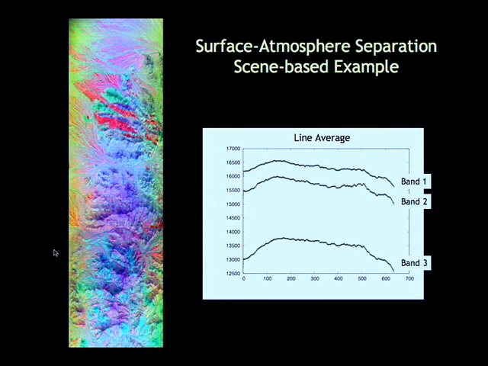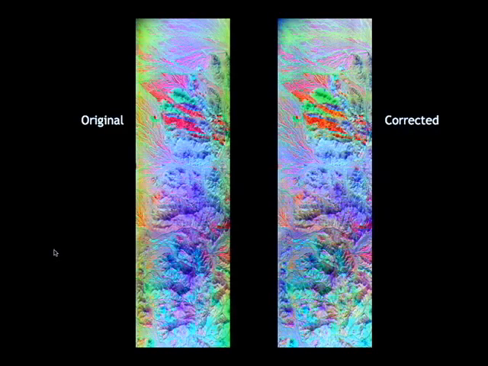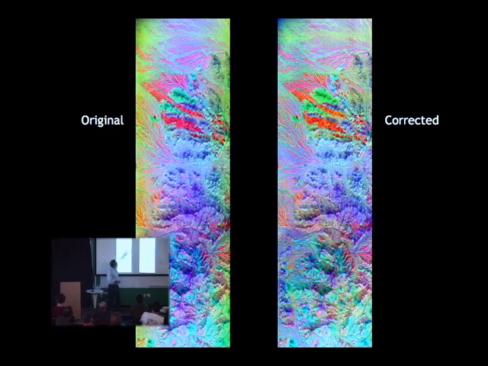And you can see the effect of the atmosphere with this absorption that's going on over on the edge. I could try to model that, or I can be really simplistic and say, I'm just going to take this signature and subtract it from every line in the image, okay? So this is just a simple scene-based example, and you can see what just something even that simple has done. This material, which looks yellow in the original data, suddenly looks like it's supposed to in this scene-corrected data.